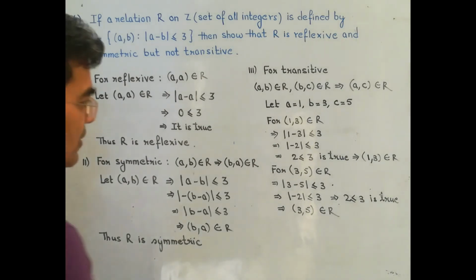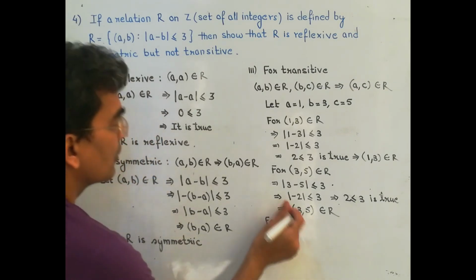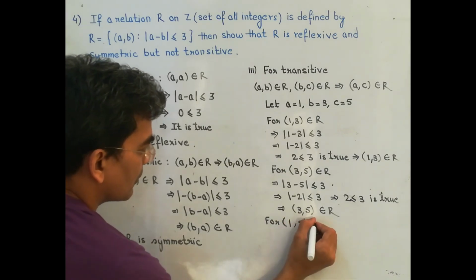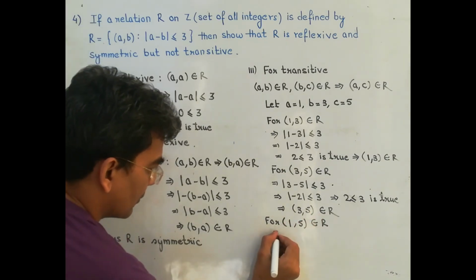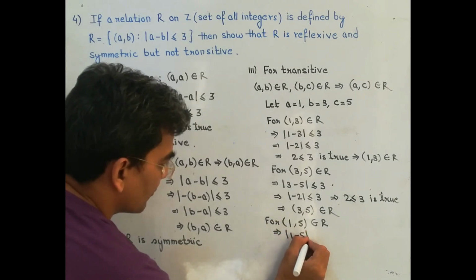Now let us consider a comma c. So we will be getting mod 1 minus 5.